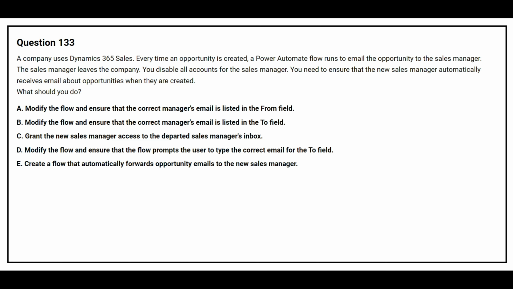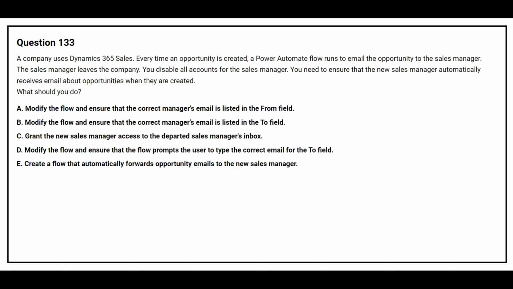Option A, modify the flow and ensure that the correct manager's email is listed in the From field. Option B, modify the flow and ensure that the correct manager's email is listed in the To field. Option C, grant the new sales manager access to the departed sales manager's inbox.